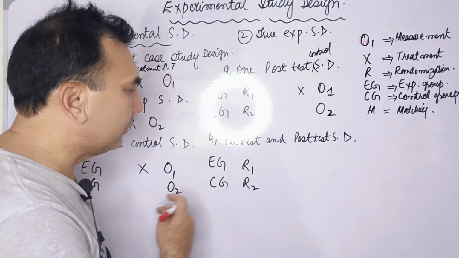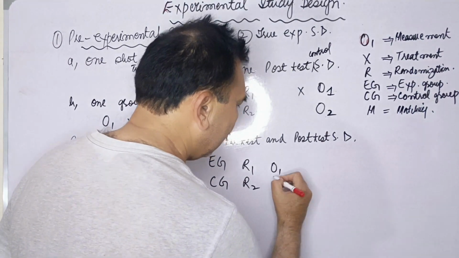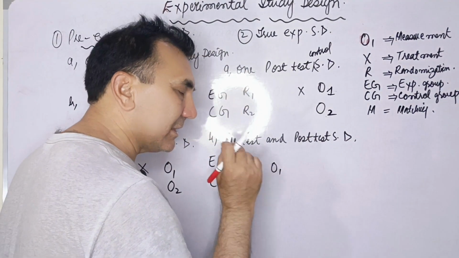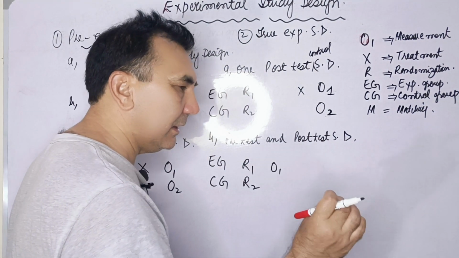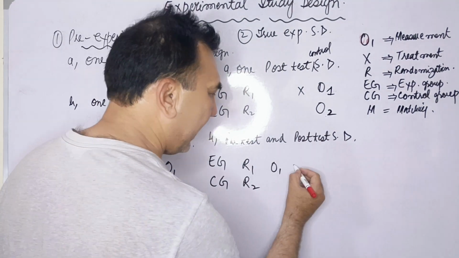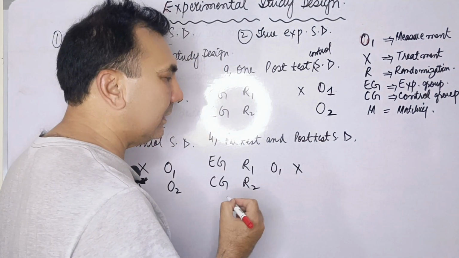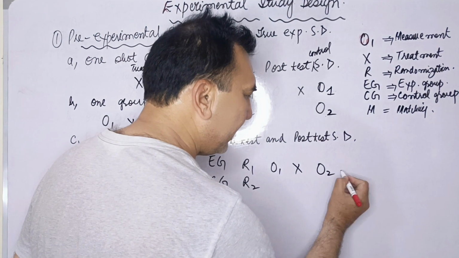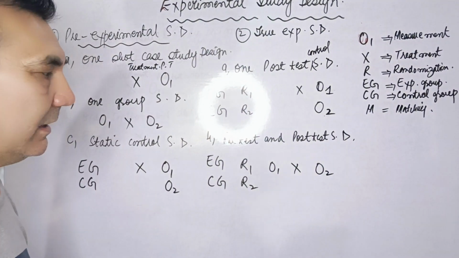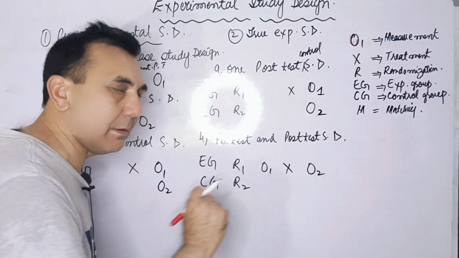Then in the experiment group, he will conduct a pre-test, then expose the group to a particular type of treatment, then measure the post-test after the randomization.